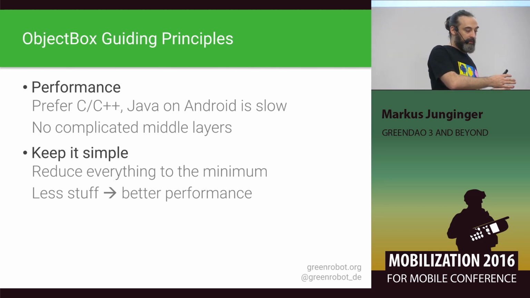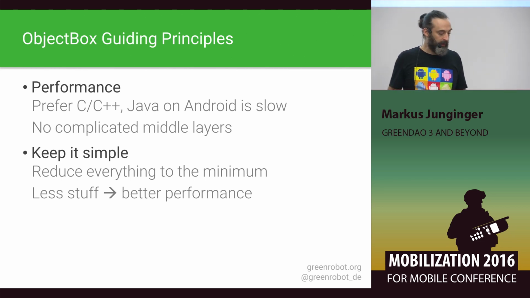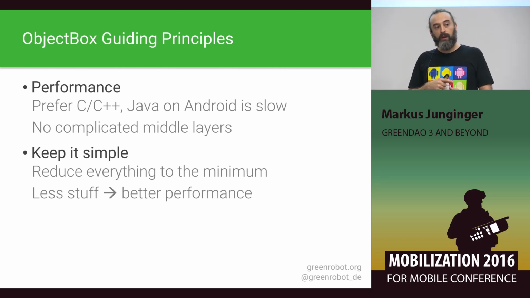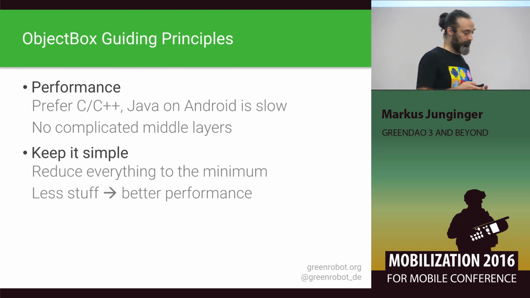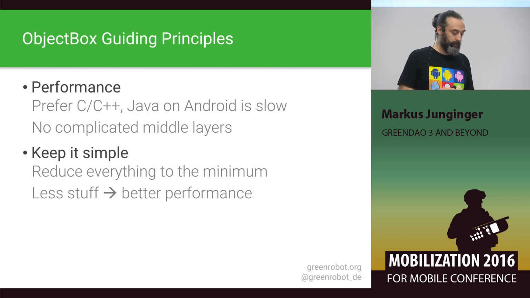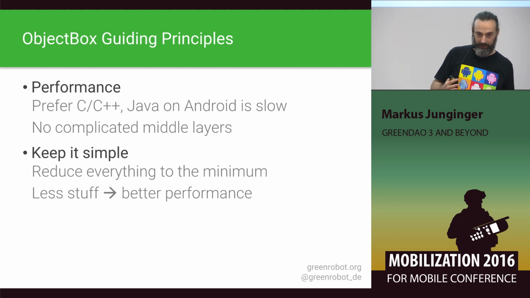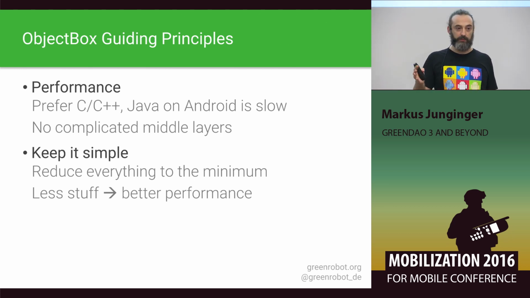Java on desktop is really fast, but Android not so much. And also we want to cut down all those funny middle layers, like the SQLite system API. We just want to get rid of those and keep it really simple. And those goals are kind of interconnected. If you do less stuff, you do it faster.